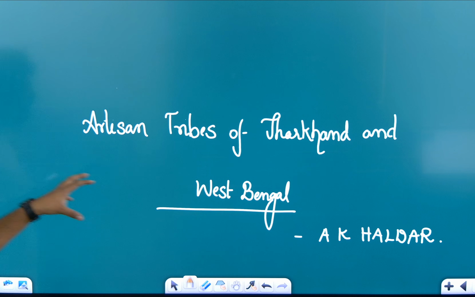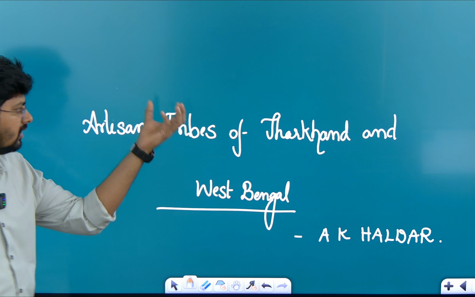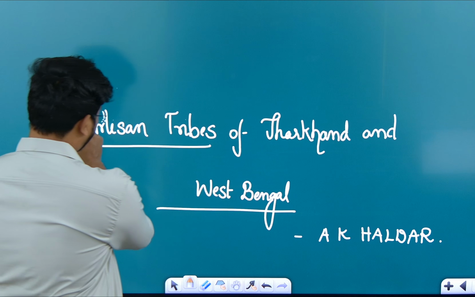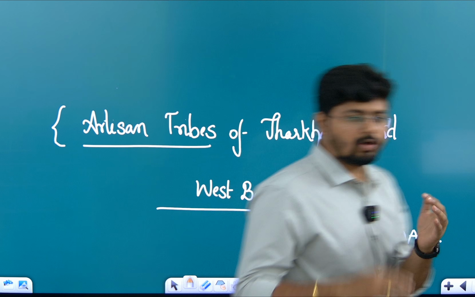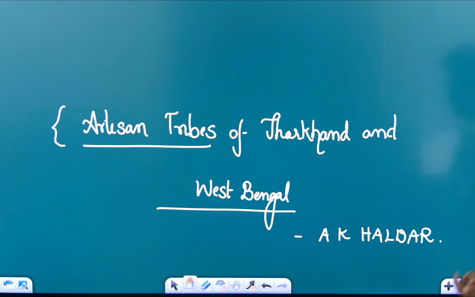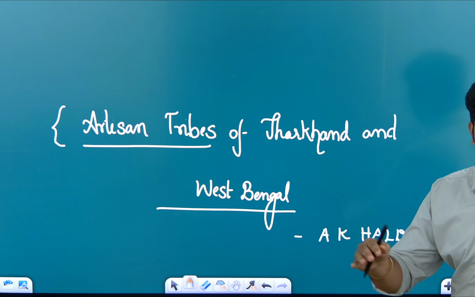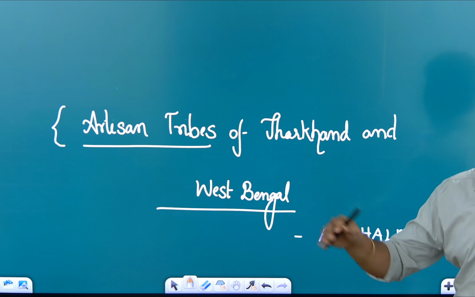In this book, he has highlighted the artisan tribes of Jharkhand, what challenges and problems they are facing currently, and what can be done from the government side in order to overcome these challenges.